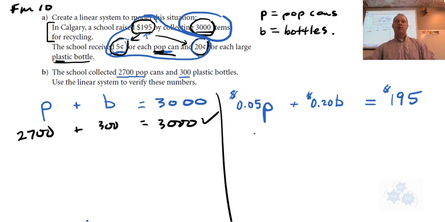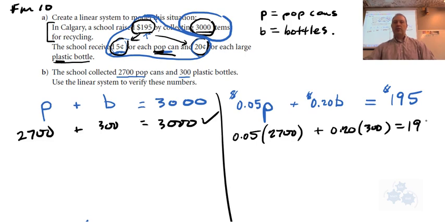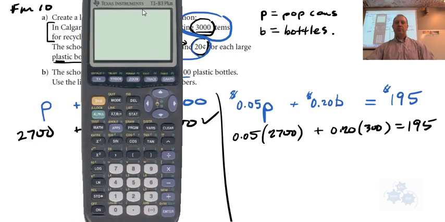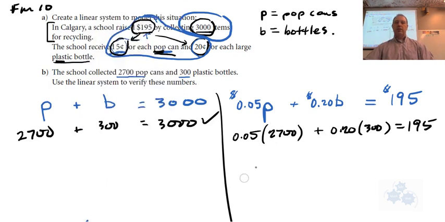Now let's check those numbers to see if they make our other equation true. So 0.05 times 2,700 plus 0.20 times 300. Does that equal 195? Here's where you get your calculator out if you need to. 2,700 times 0.05 gives us the dollar amount for the pop cans, 135.